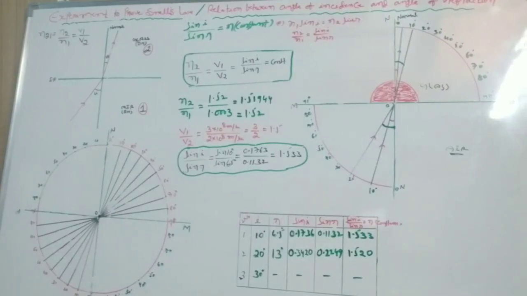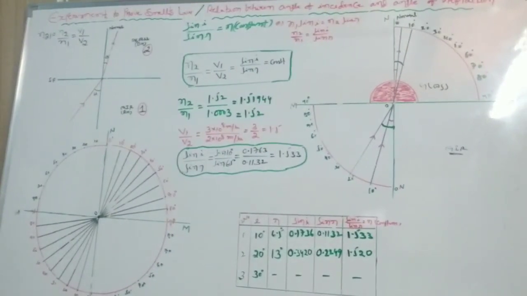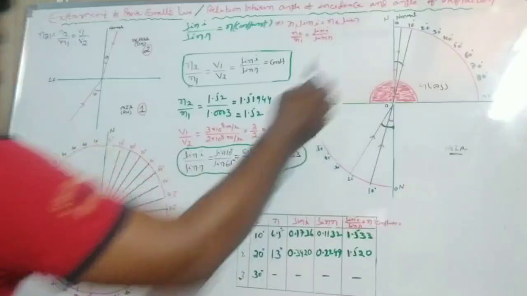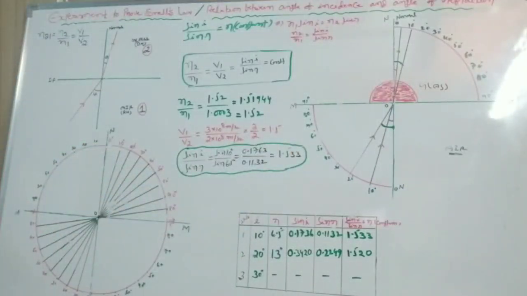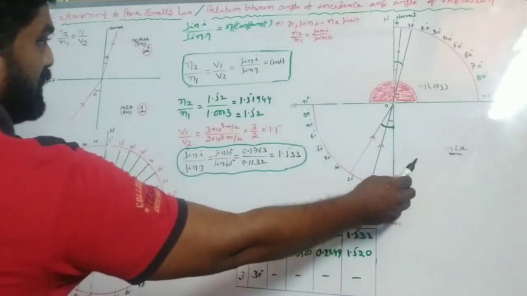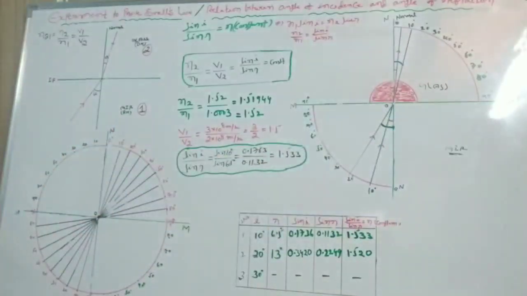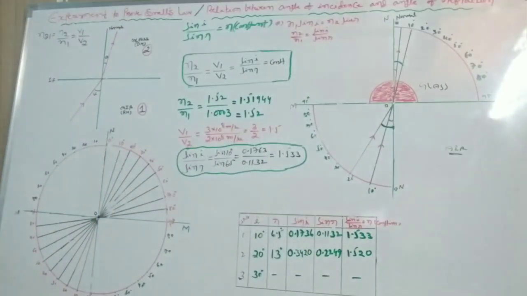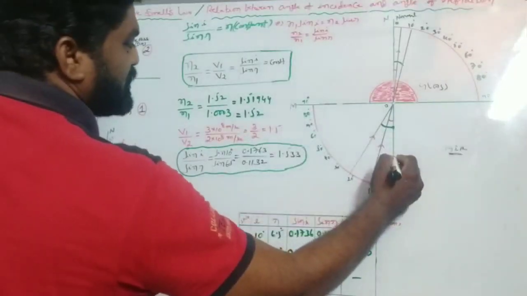Next, take a laser light and send it along NN. The laser light is focused along NN in such a way that it propagates from air to glass through the interface at point O, and observe the way the laser light comes out from the other side of the disc.